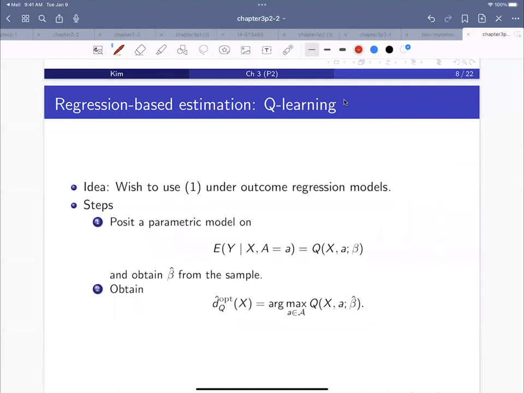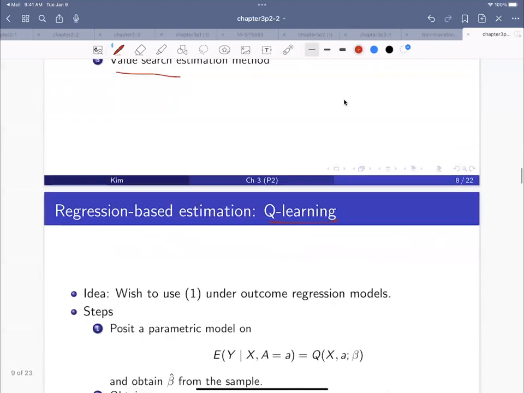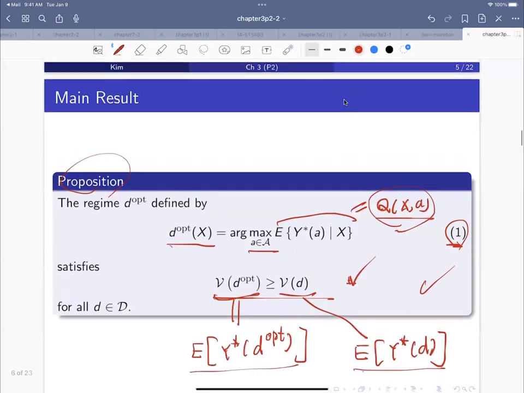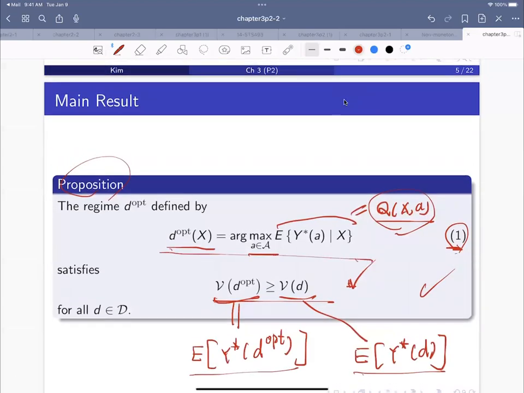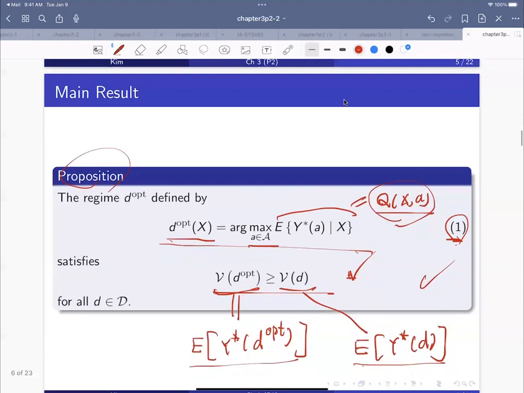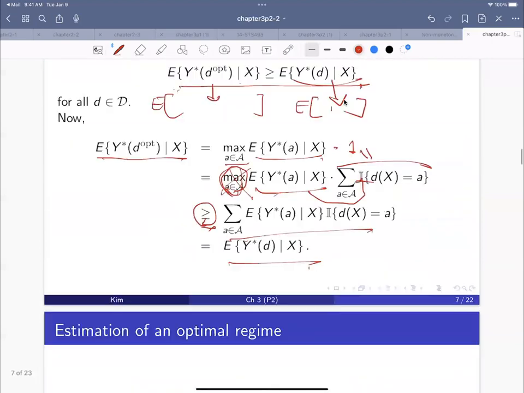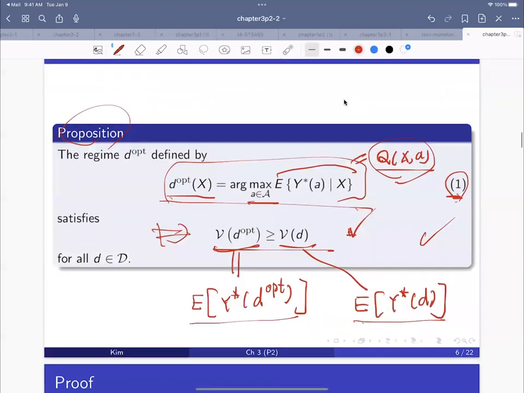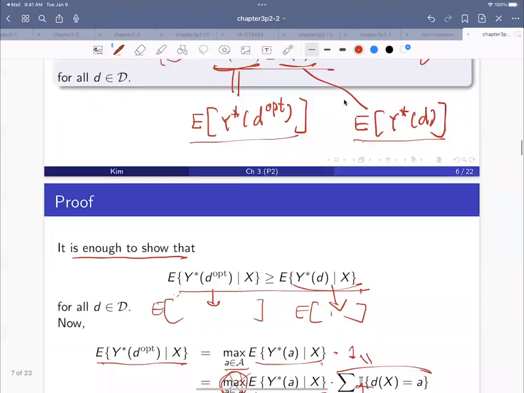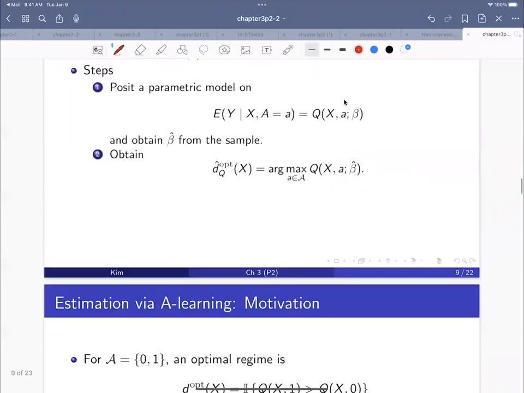For Q-learning, we wish to use the first proposition. We only have to utilize this result; this one implies this one. So we want to use the Q function directly, because the optimal decision rule uses the option that has the largest value of Q among the options that we have.